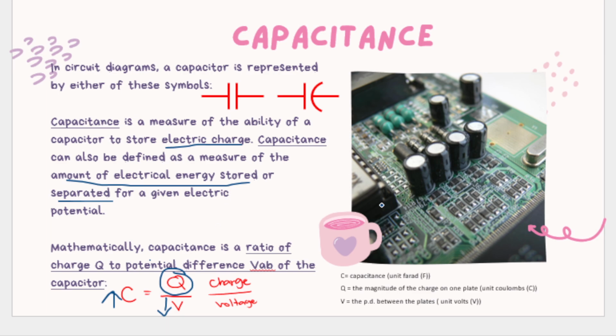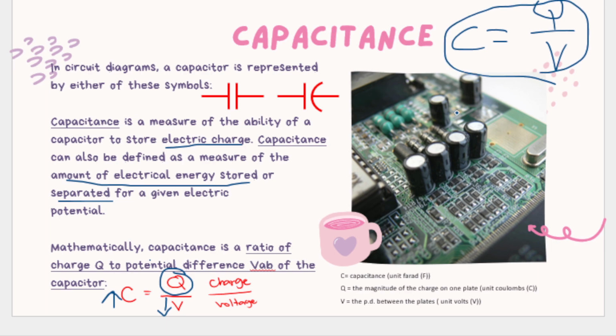So this C is equal to Q over V, or capacitance is equal to charge over voltage, is actually the formula for capacitance. This is what we use when finding the capacitance of a single capacitor.